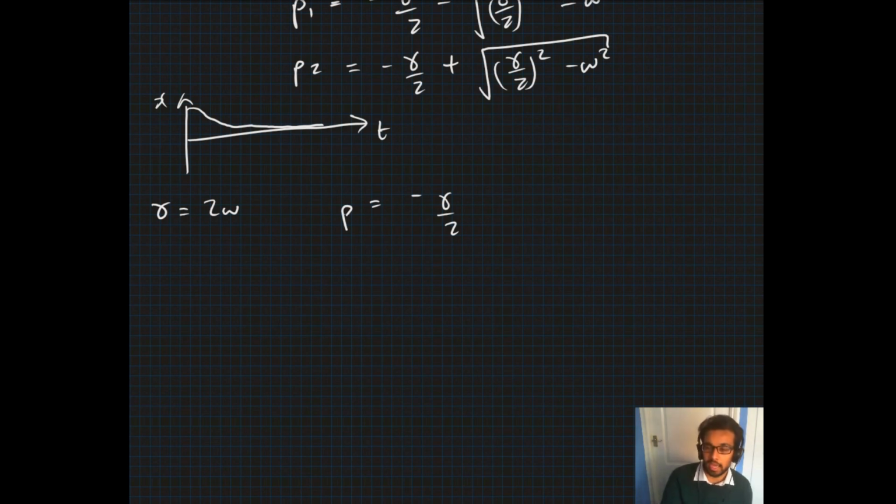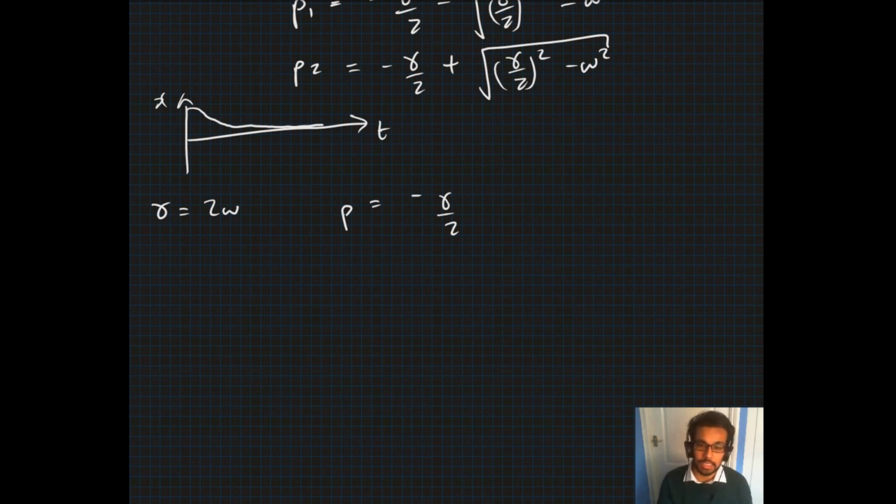So even though here we have a return to zero, it's exponential decay, so it's decaying quite slowly. This takes a long time to decay. And this is used in things like car shock absorbers and other scientific instruments where you want oscillations to be minimized, and you want any oscillations to be damped and quickly return to zero.